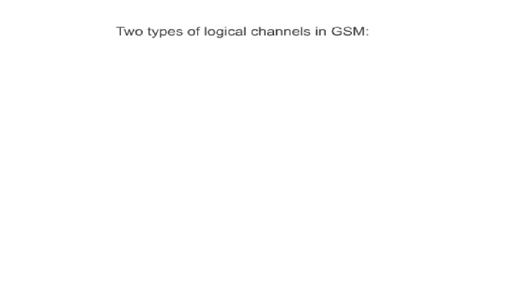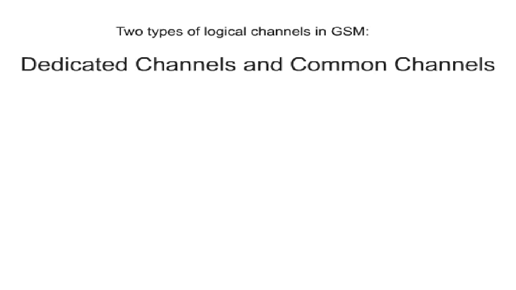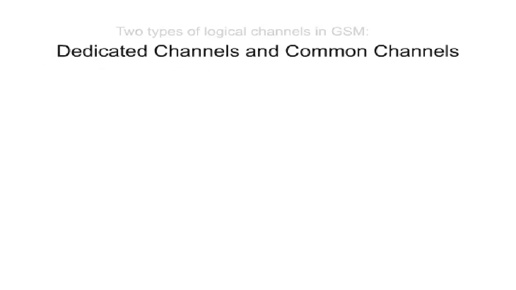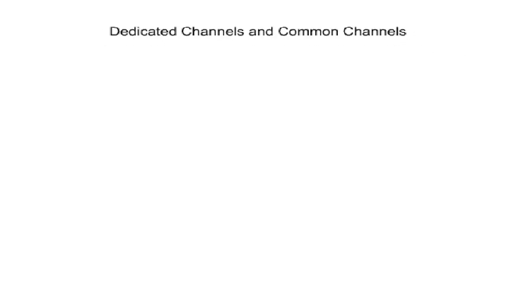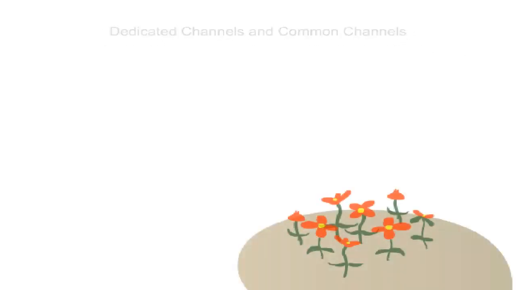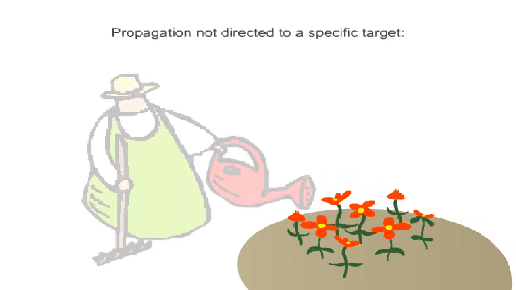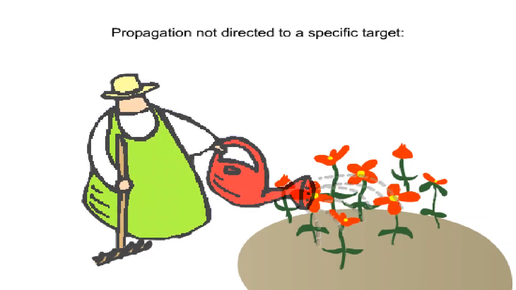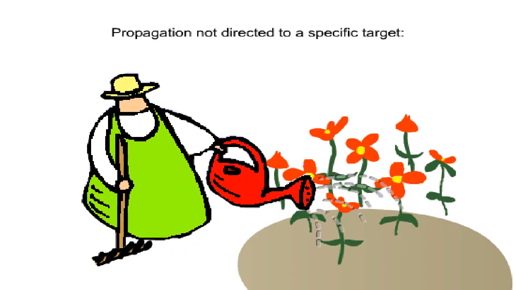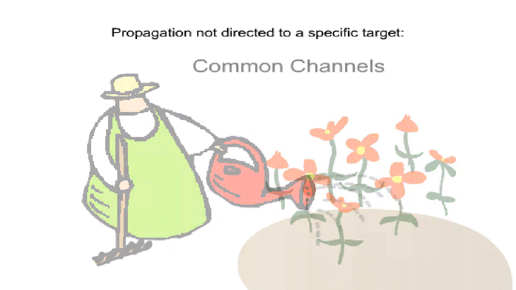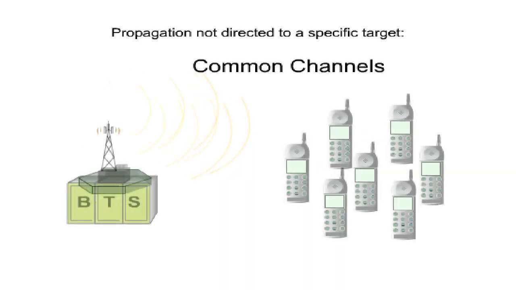In GSM, there are two types of logical channels: the dedicated channels and the common channels. Let's explain the difference between the two with a metaphor from gardening. If we want to water a whole area, and not a particular plant in it, we use a watering can. This metaphor describes the common channels.